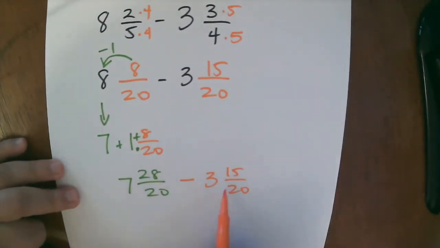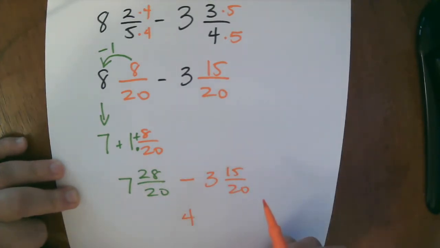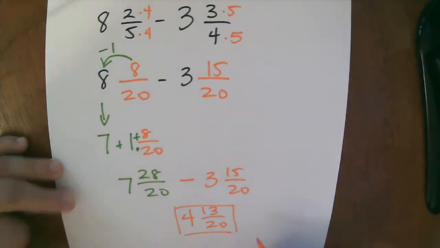Okay, so 7 minus 3 is 4. 28 minus 15 is 13. Yes, 13 over 20. And there is your answer.